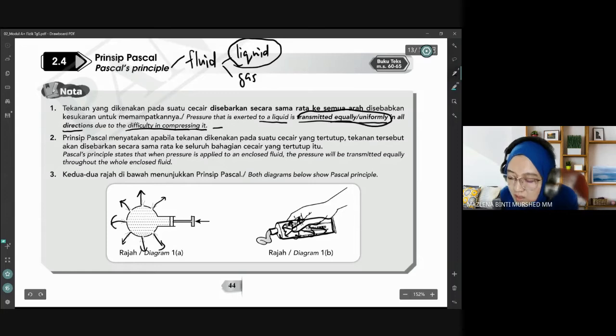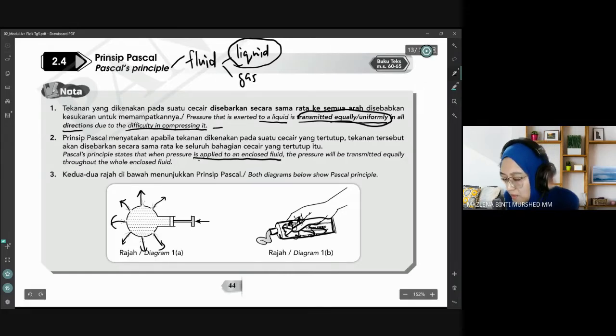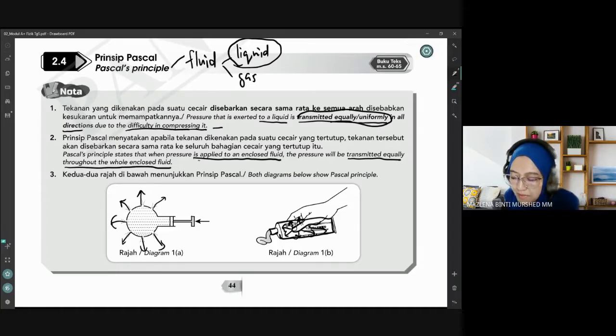They are in closed space. In an enclosed space, ruang yang tertutup. So Pascal principle states that when pressure is applied to an enclosed fluid, the pressure will be transmitted equally throughout the whole enclosed fluid. Ini adalah Pascal principle. Ini je lah Pascal principle yang kita nak belajar hari ni.